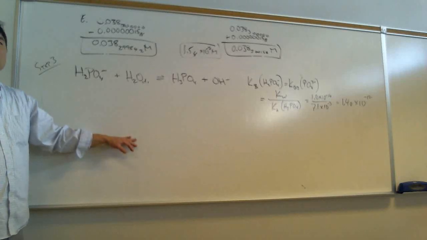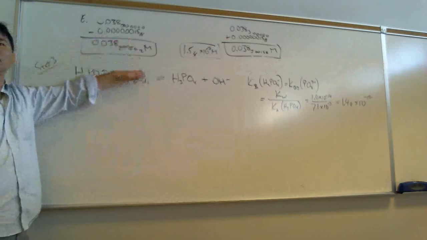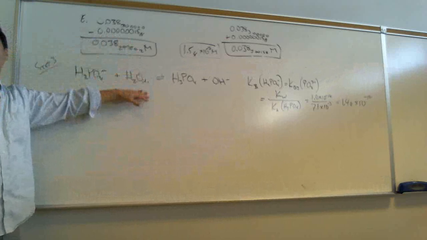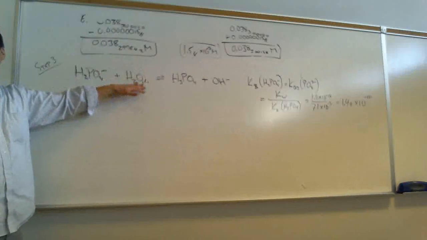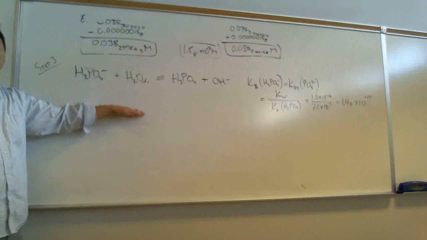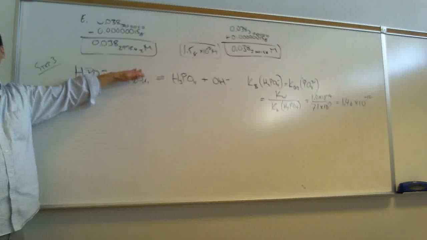A lot of people don't do that. They just look at Kb1, Kb2, Kb3. They go in that order because it seems to make sense. You just go in sequence, but they're wrong because Kw is a better contributor than Kb3.